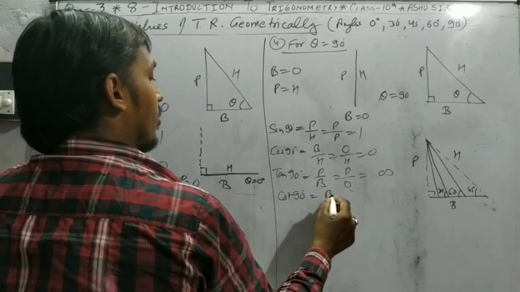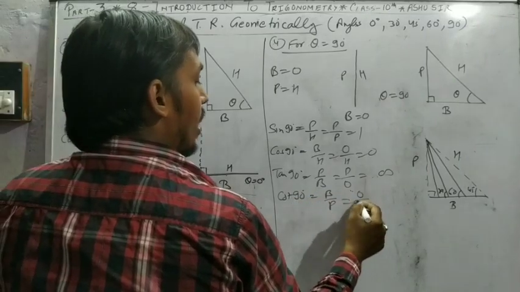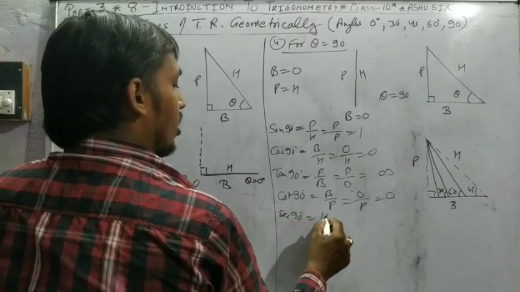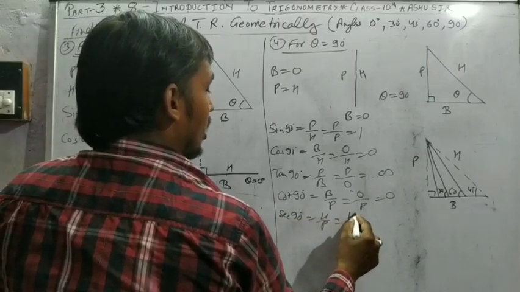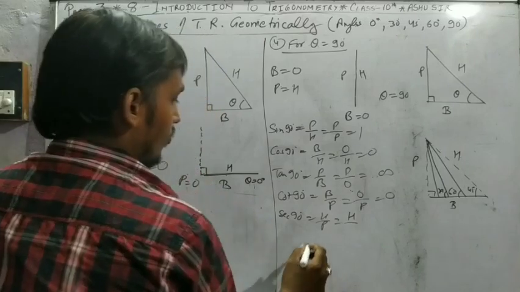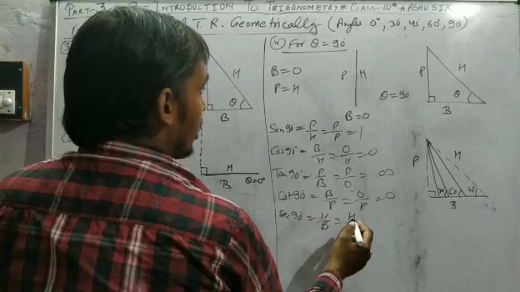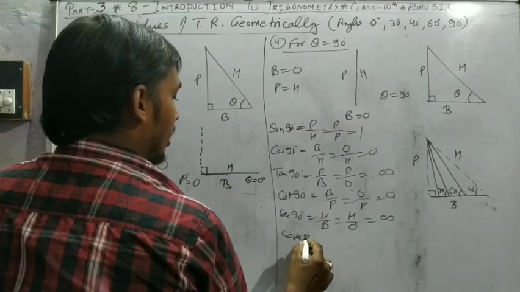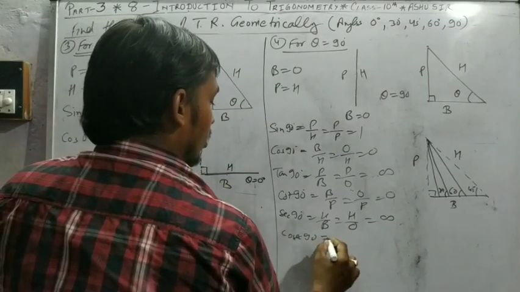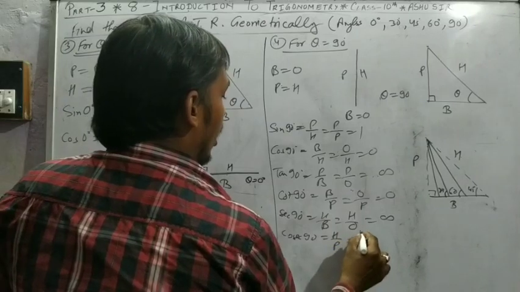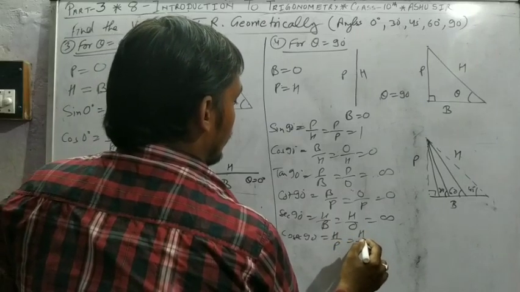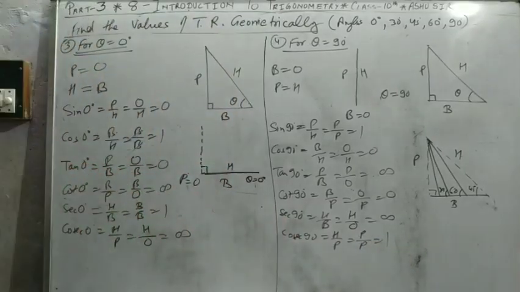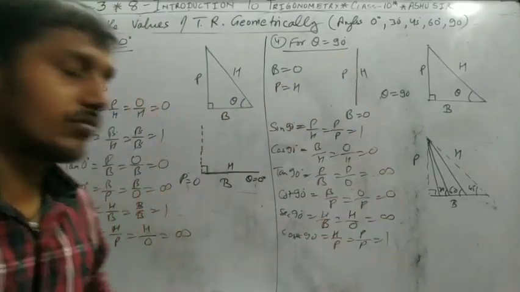Cot 90, B by P, 0 by P, 0. Sec 90, H by B, H upon 0, not defined. Cosec 90, H by P, both are equal, P by P, 1. So this is for the angle 90 degree.